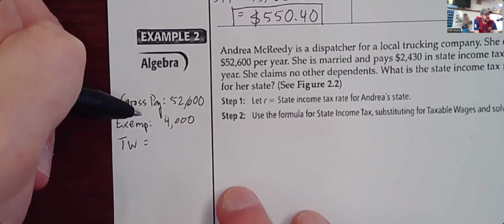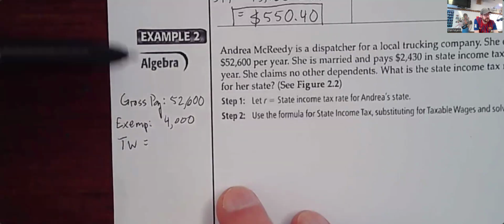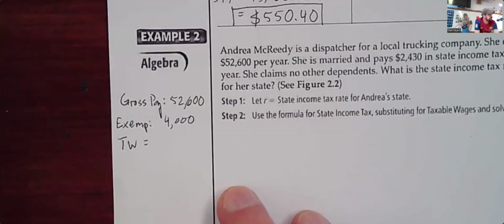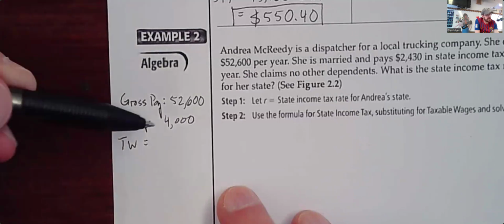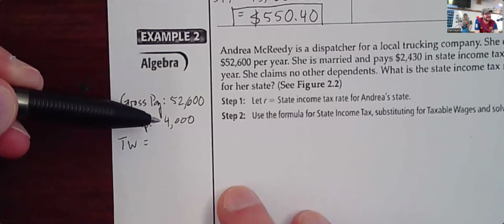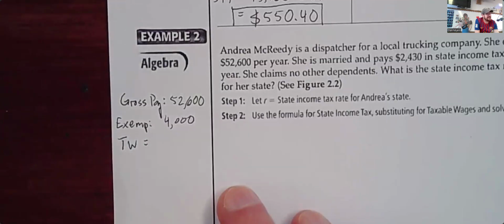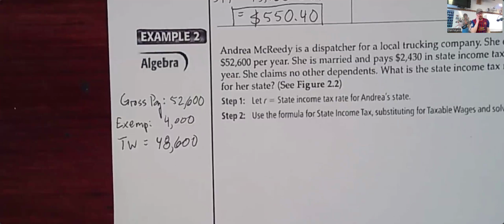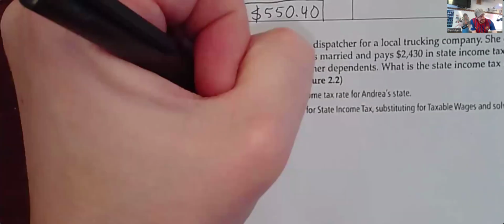What are her taxable wages? Gross pay minus exemptions. 4,000 is what we're taking away, not 400. Yeah. Taxable wages, 48,600.